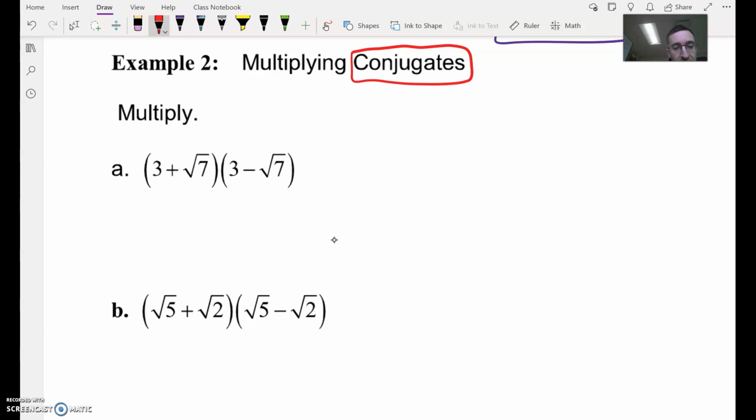3 plus root 7 and 3 minus root 7, those are conjugates. Root 5 plus root 2, root 5 minus root 2, those are conjugates.